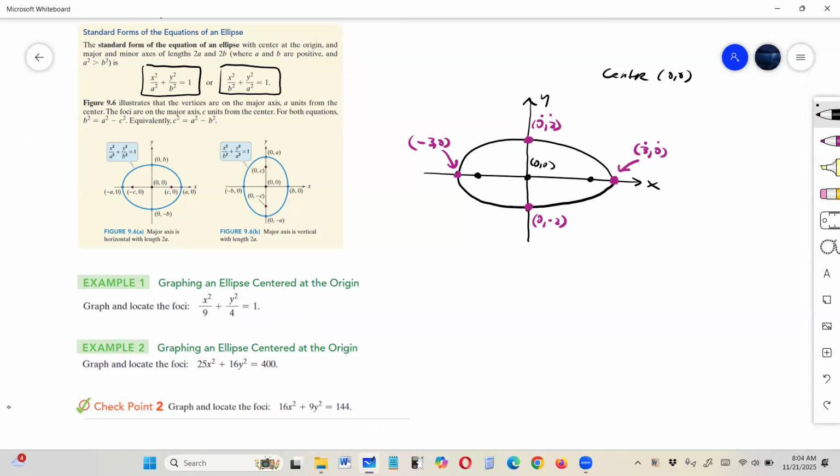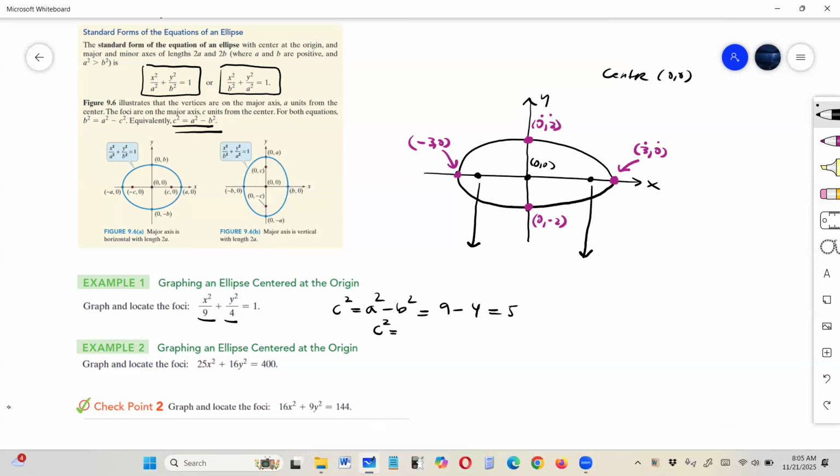Now I need to find the foci. So here is one focus, here's the other focus. But the formula for the focus is right here, right? C squared equals A squared minus B squared, where A squared is the larger of the two values, the two denominators. So this is going to be 9 minus 4, 5.